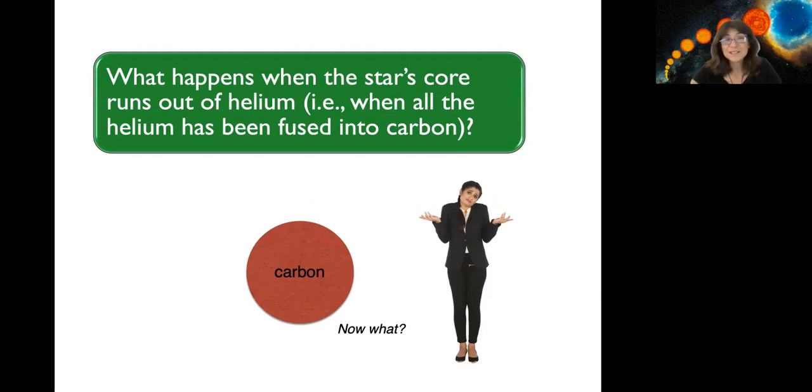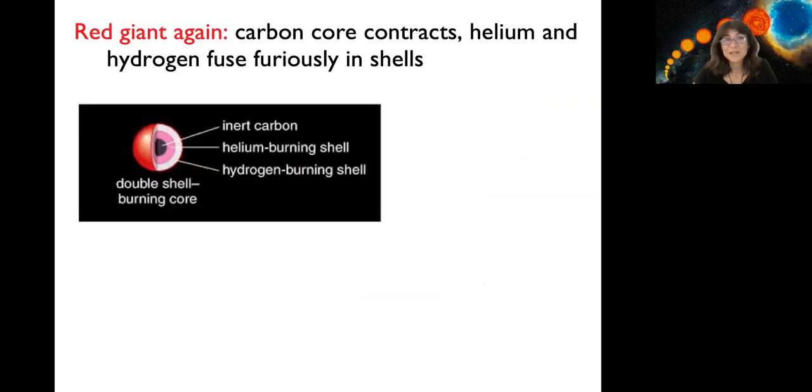Well, you would think the same thing would happen, right? The core that is made of carbon, inert, meaning it's not fusing, begins to contract because again, gravity is going to win. There's no more fusion in the core. But you still have that shell of hydrogen that is fusing outside in a shell. And then you start to get a helium burning shell because there's helium outside of the core.